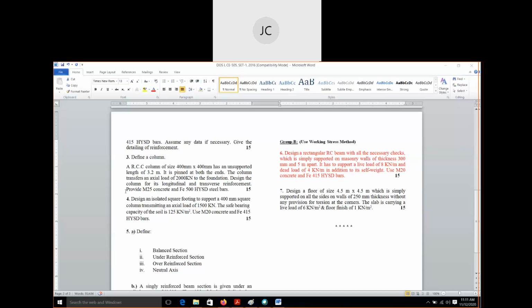In that zip file, if I open it, I can see all the files: 10 students, 10 PDFs. So you make a zip file for every 10 students and send it to my email ID.